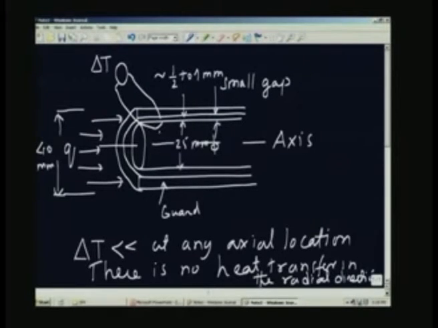Therefore, heat transfer in the lateral direction is completely suppressed. That means that in the main probe we have a 1D temperature field. This is the consequence of the guard probe.